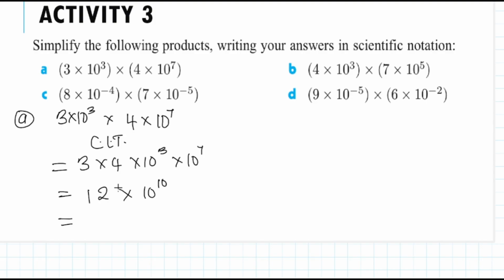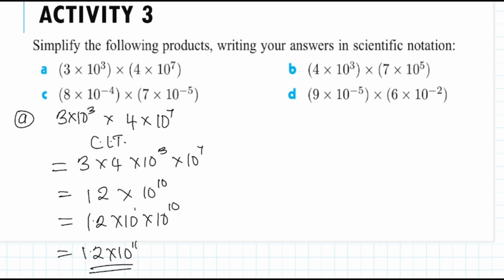So we have to change to standard form to give the final answer. 12 is bigger than 10, and the number in standard form cannot be greater than 10. So we do 1.2 times 10 times 10 raised to power 10, and then this is 10 raised to power 1 plus 10, that will be 1.2 times 10 raised to power 11, and that is the answer.